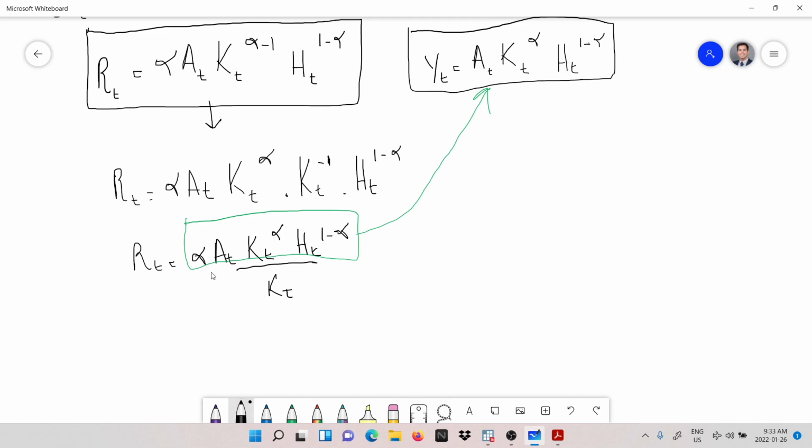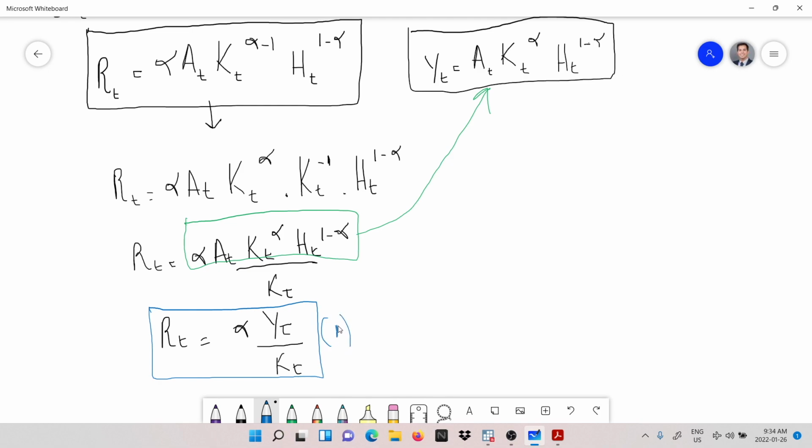So in summary, what we can do with RT is call it alpha times YT over KT. So this is our final conclusion. All we did was just clean a bit more the numbers. So this is more straightforward when we write the equations in the software. This is what we're going to call the conclusion number 1 from the firms. We are getting the returns on the capital.